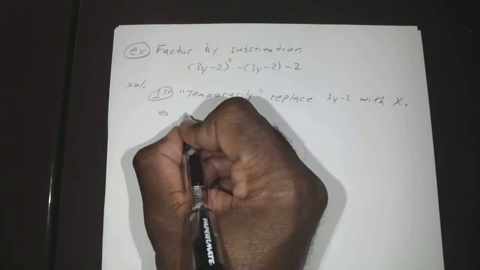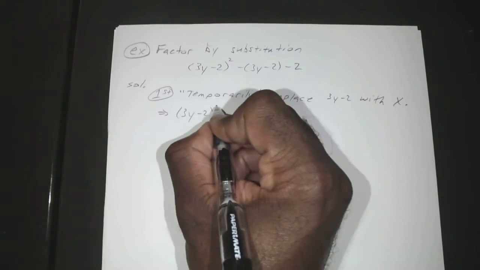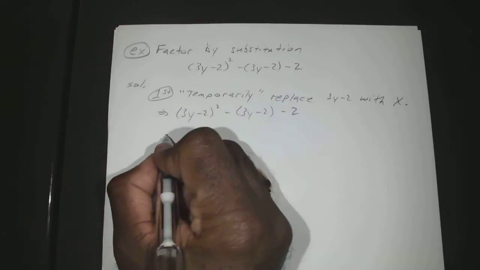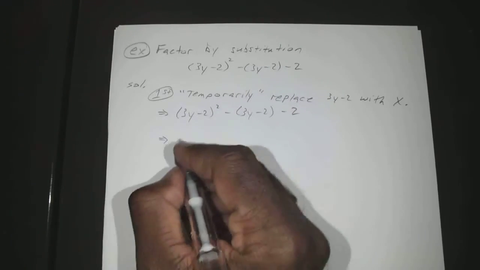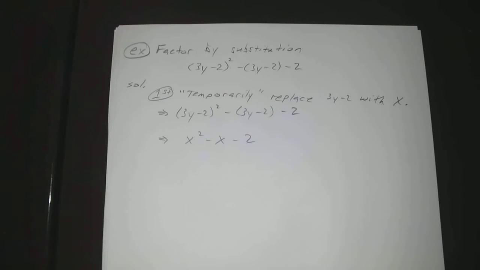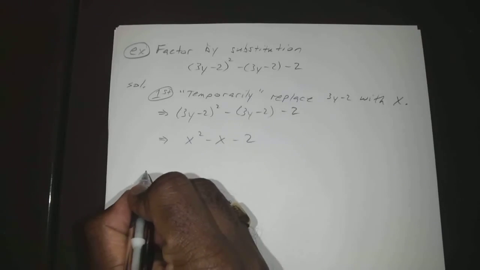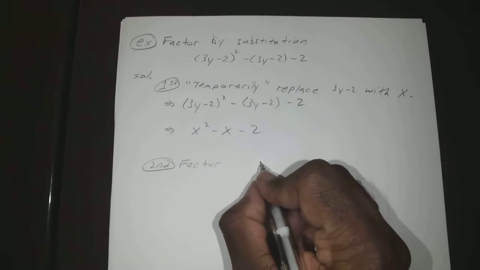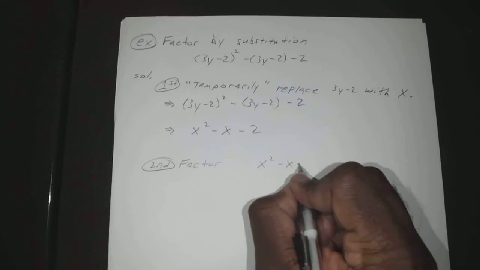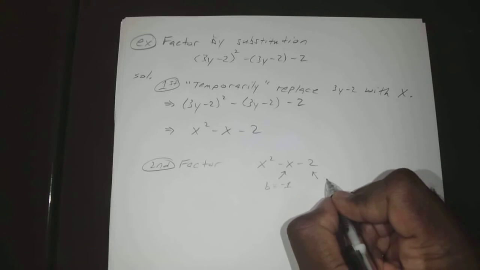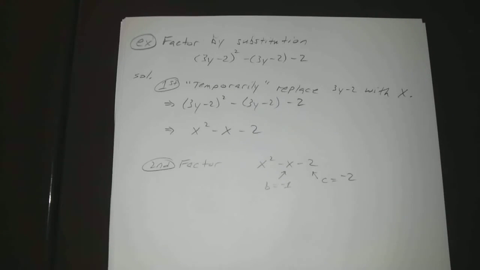Okay. So that means 3y minus 2 squared minus 3y minus 2 minus 2 now becomes x squared minus x minus 2. Okay. Next step is you just factor. So x squared minus x minus 2, our b is equal to negative 1, and our c is equal to negative 2.